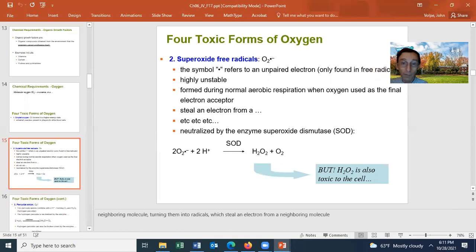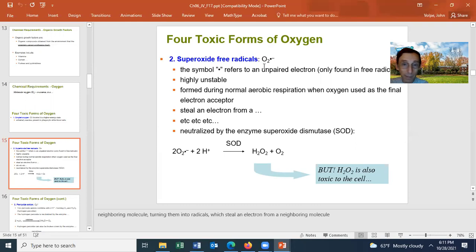Another toxic form of oxygen is superoxide free radical. That is where oxygen has an extra electron, and this extra electron doesn't like staying as one. Electrons like to be as a pair. So oxygen with a negative charge is a superoxide free radical.